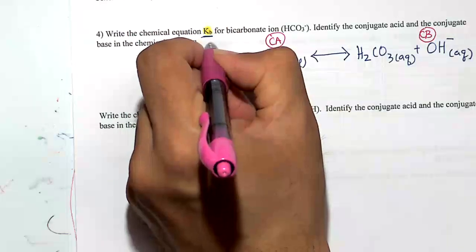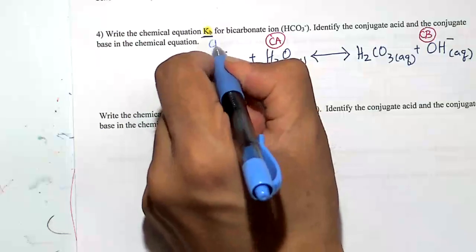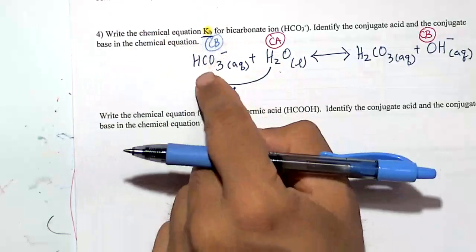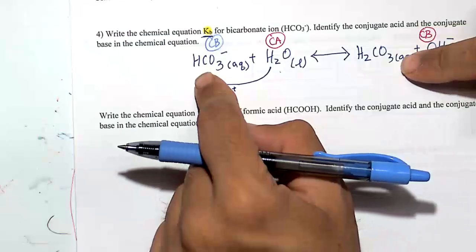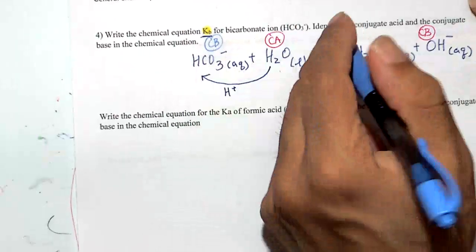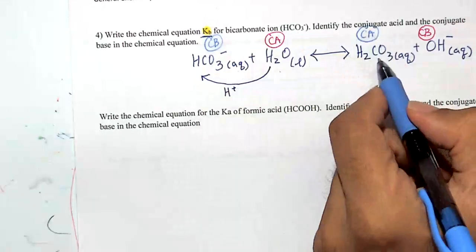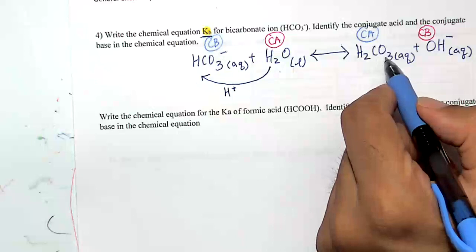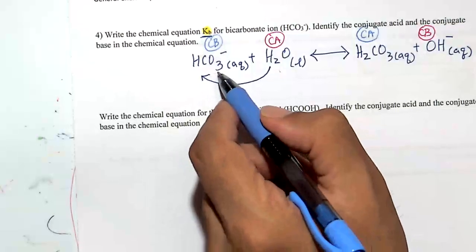And this is the base because it took the proton. I'll put this in blue. And what is this conjugate acid? This is the acid to this base. H2CO3 became the acid because it picked up the proton. Okay.